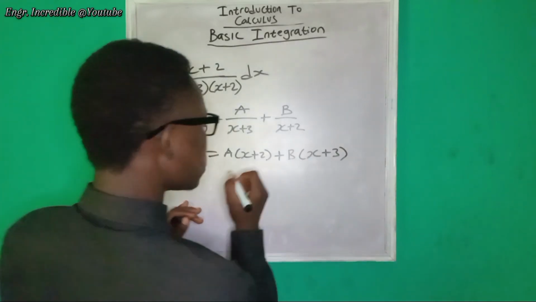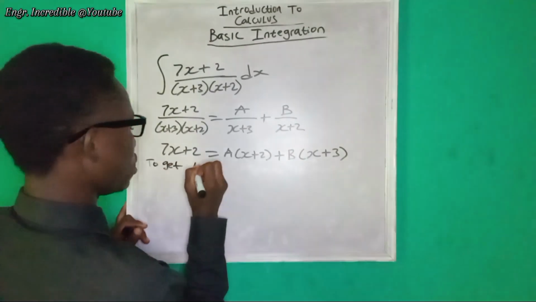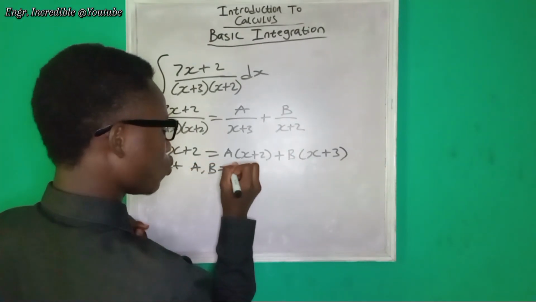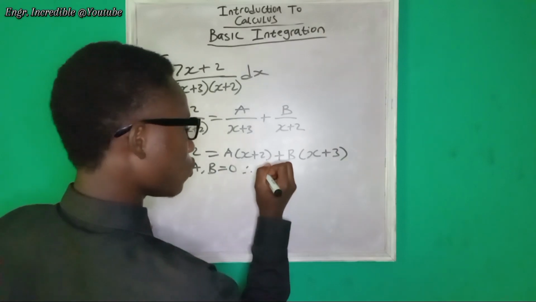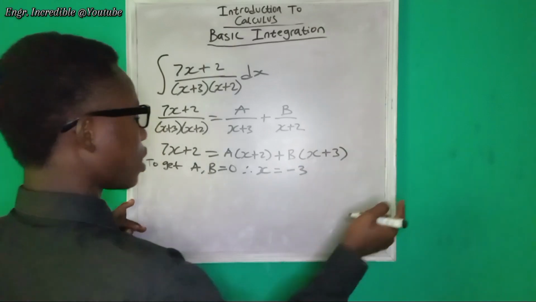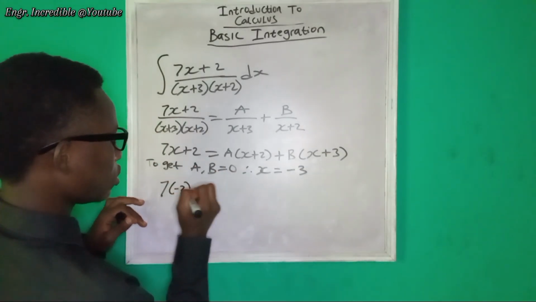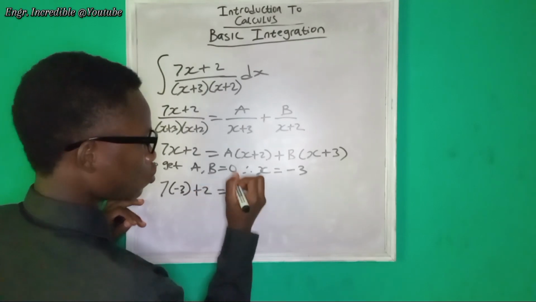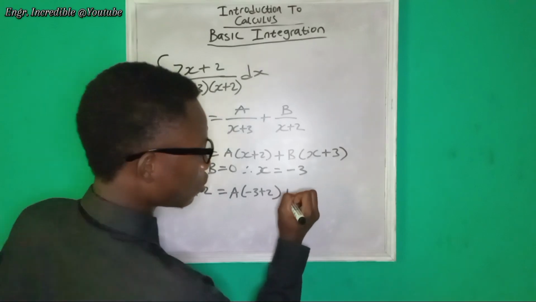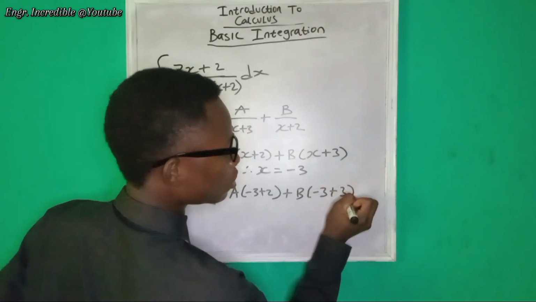So in order to get A, B must be equal to 0. Therefore x is equal to -3. When we input -3 in the whole equation, we have 7 times -3 plus 2 equals A(-3 + 2) plus B(-3 + 3).